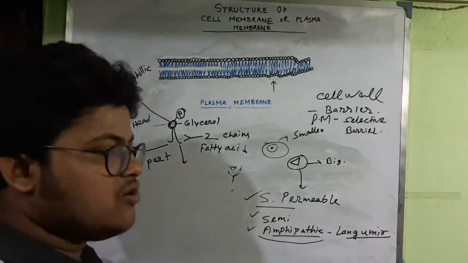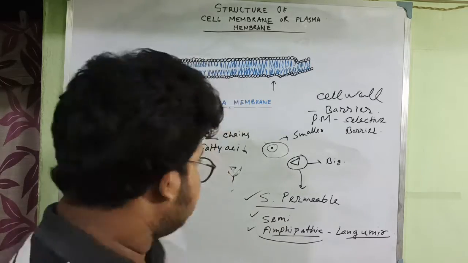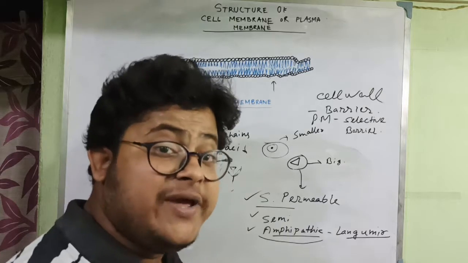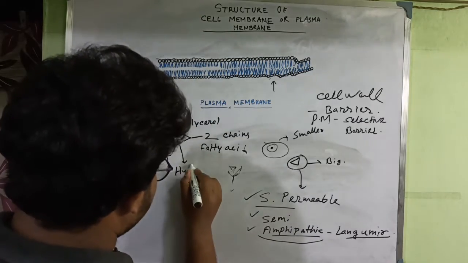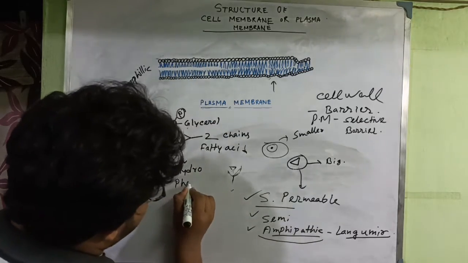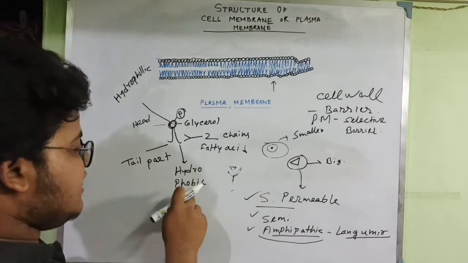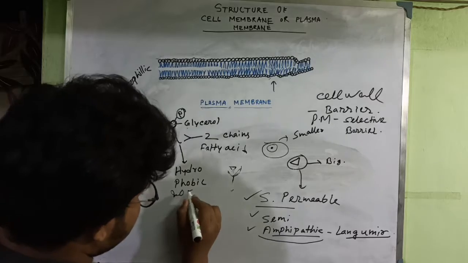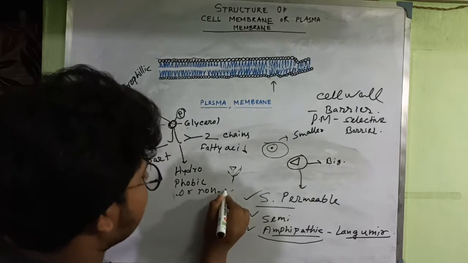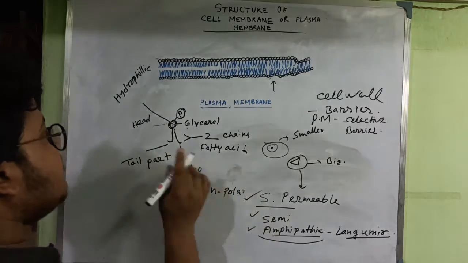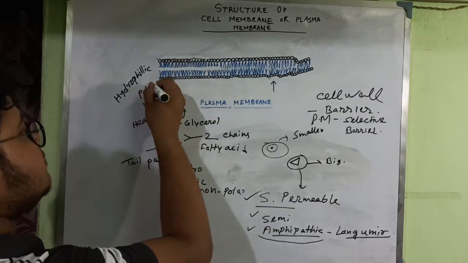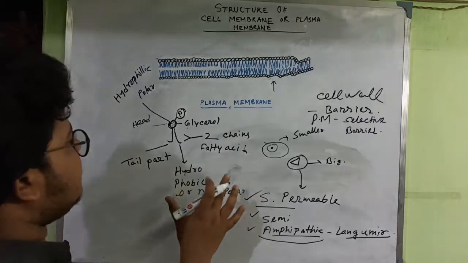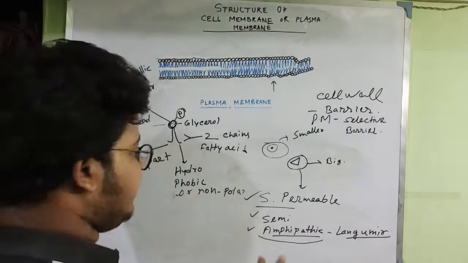And this region cannot facilitate water, that is, this portion, the fatty acid chains, is hydrophobic, or non-polar. And this portion is polar. So this is the structure of the amphipathic molecules.